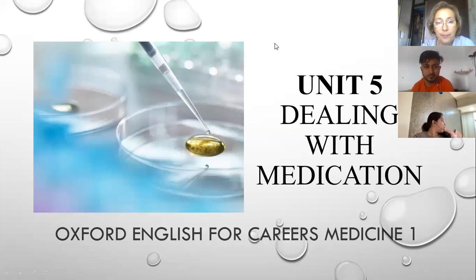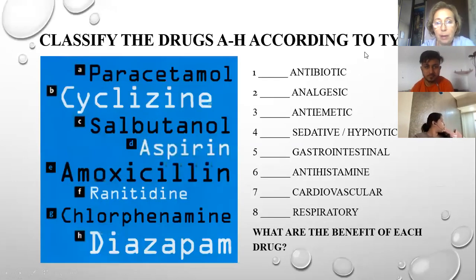Well, and now let's have a look at this slide. Here we can see the names of different drugs and different types of drugs. Let us look at the names of the drugs given here, just to be sure that we can pronounce them correctly.